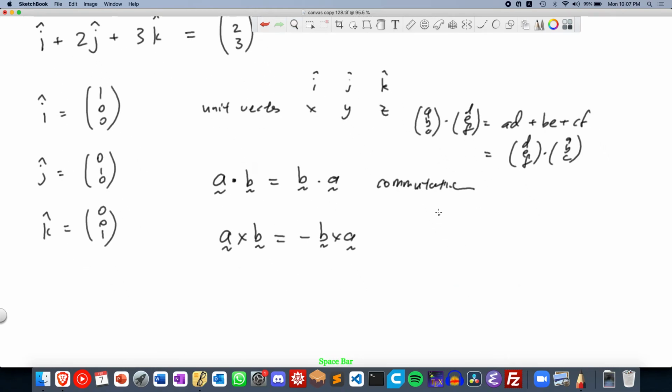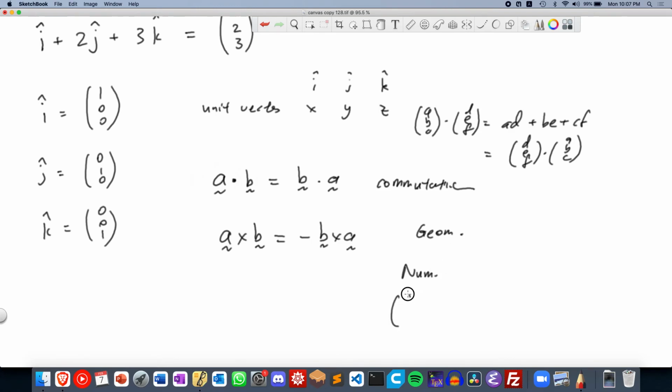And there are two ways to see this. One is a geometrical picture: with the right hand rule, if you flip your middle finger and your second finger around, then your thumb points in the opposite direction. The numerical way is to look at the numbers.